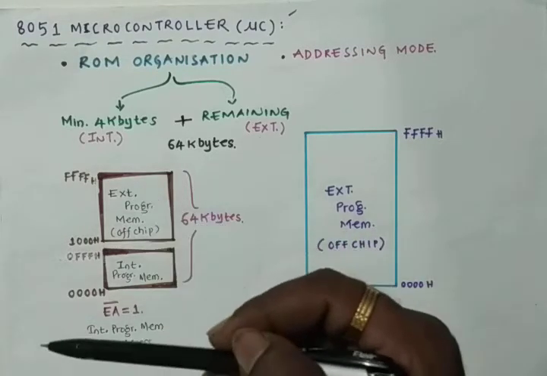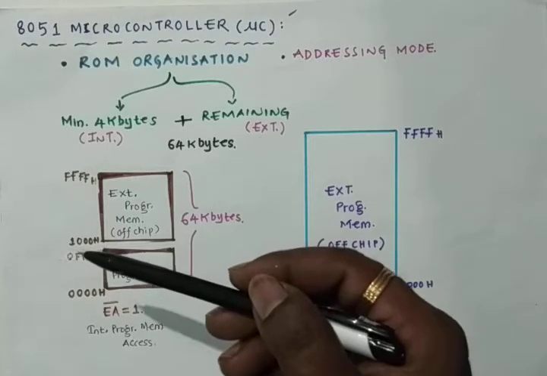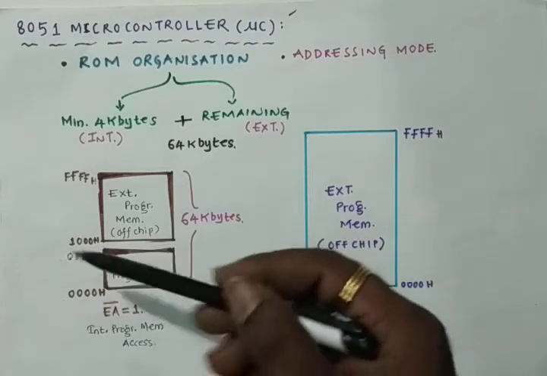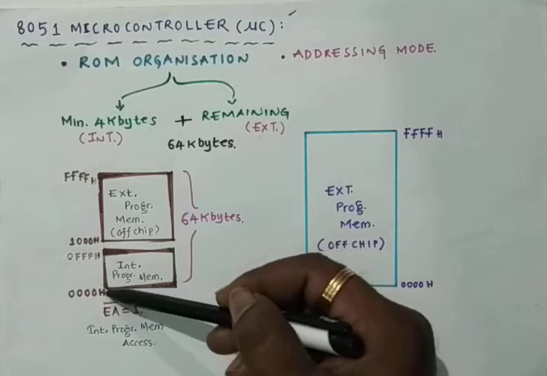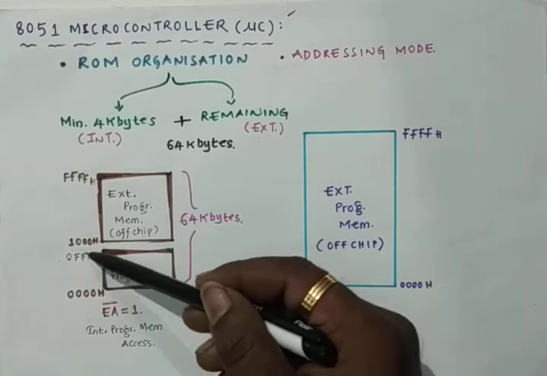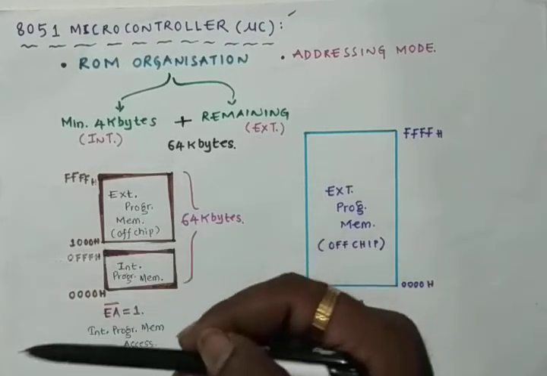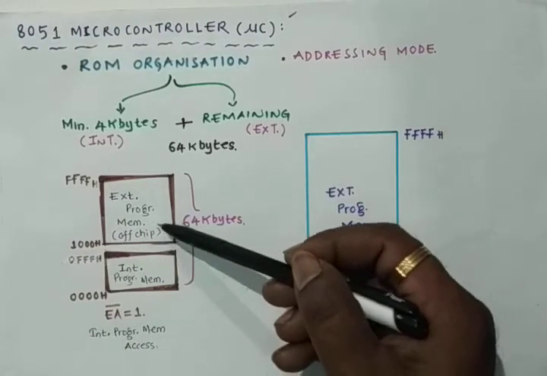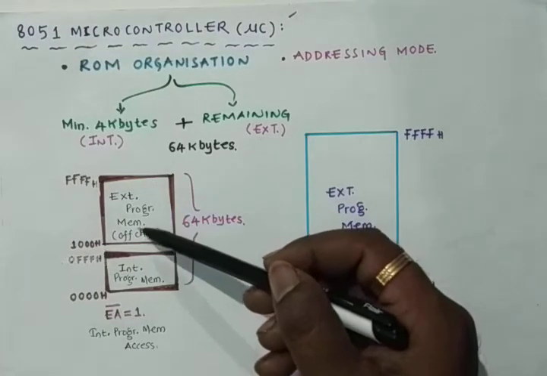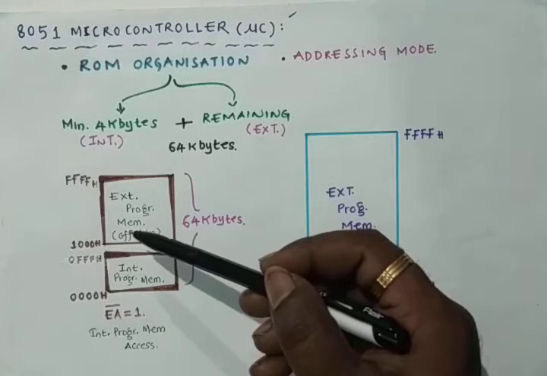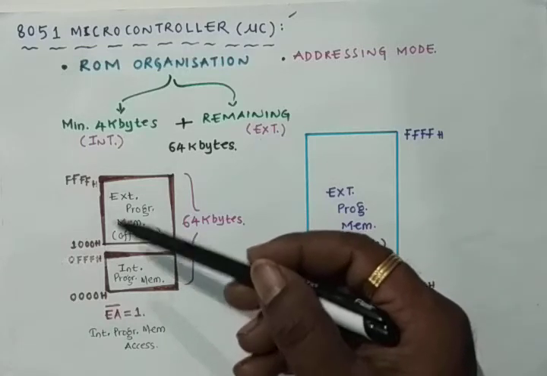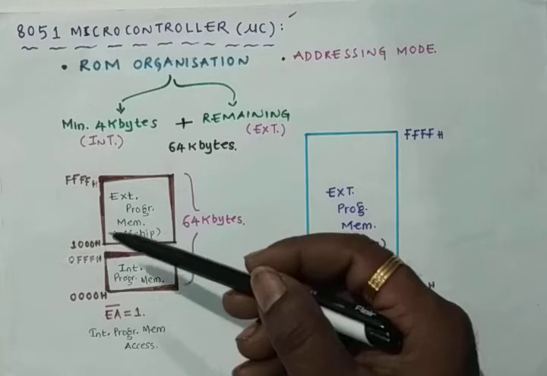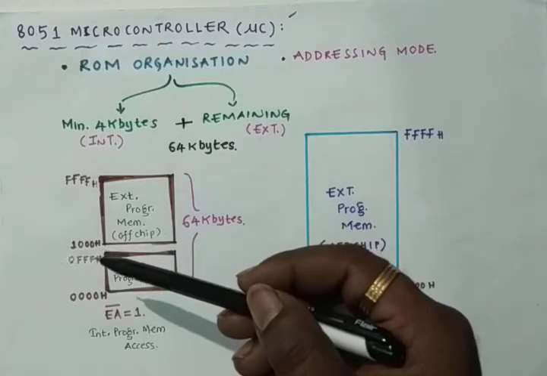So if the program counter addresses are higher than this 0FFFH, the program counter is going to fetch the instructions from the external program memory, that is the off-chip memory. The instructions will be fetched from external memory by activating the program strobe enable.